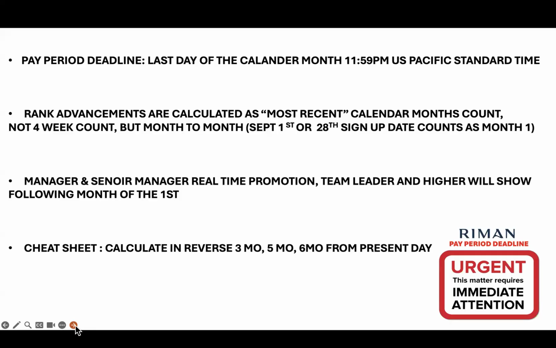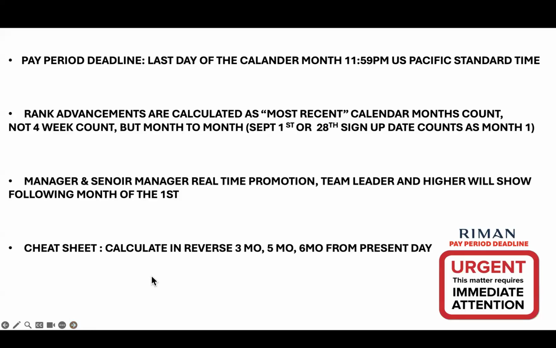Now for team leader and higher, once you meet the qualification, you will be promoted that following month of the first, right? So that month you finish, you are still a senior manager, and the following month of the first is when you're a qualified team leader and you start getting paid as a team leader. So team leader and higher will always be following the month of the first.